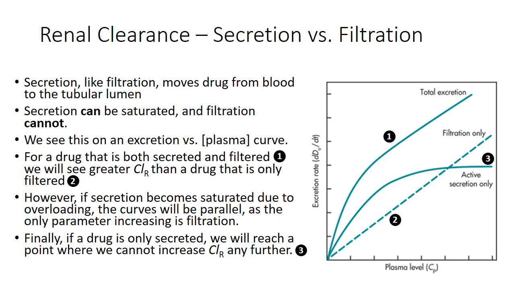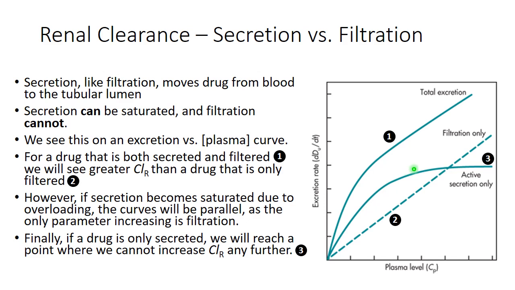If something is only secreted, just secreted, nothing else, it'll go as you raise the plasma concentration. Yeah, you'll get it in the urine because you're secreting it. It'll get in the urine, get in the urine, and get in the urine, but then all those transporters get saturated, and it doesn't care.